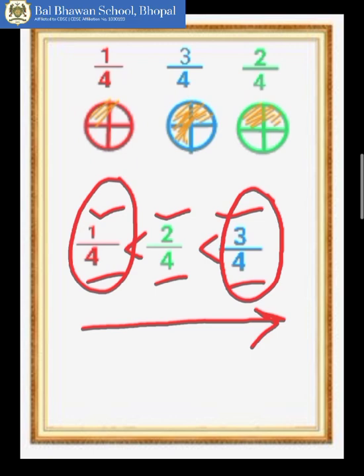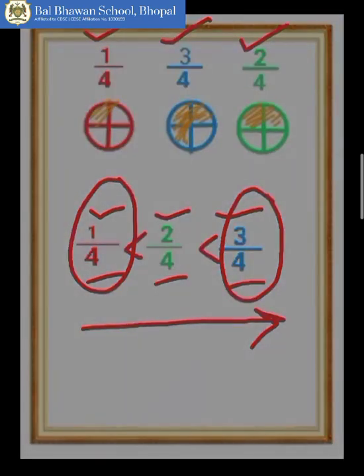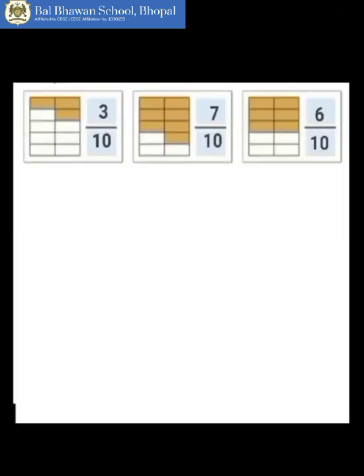So, to compare the fractions with the same denominators, actually we need to compare numerators. Now look at this another example of fractions with the same denominators represented by pictures.